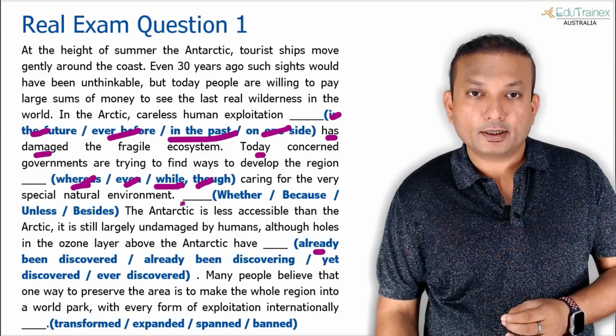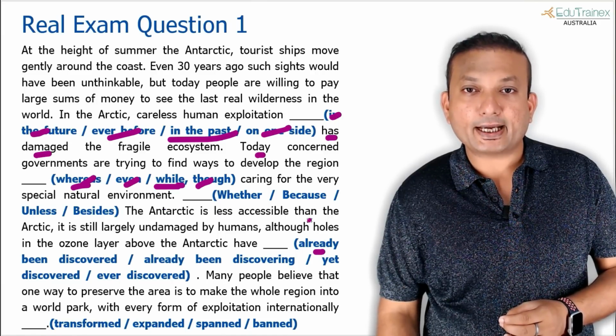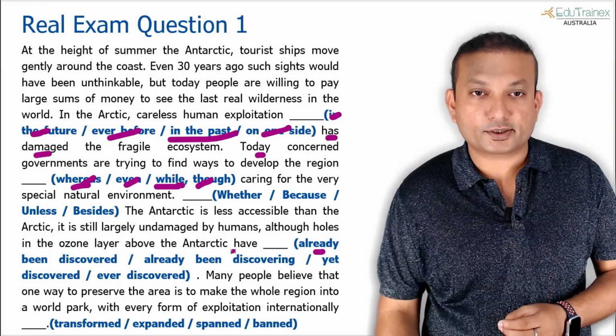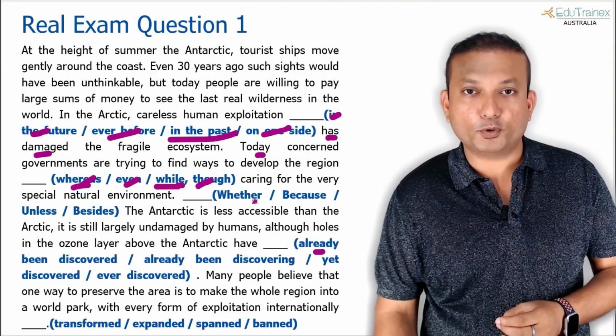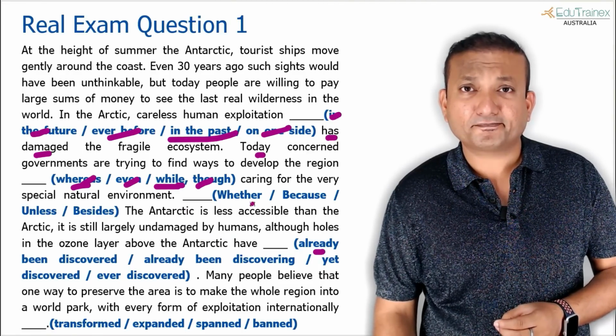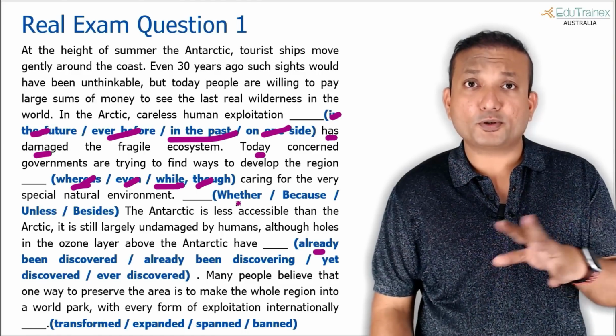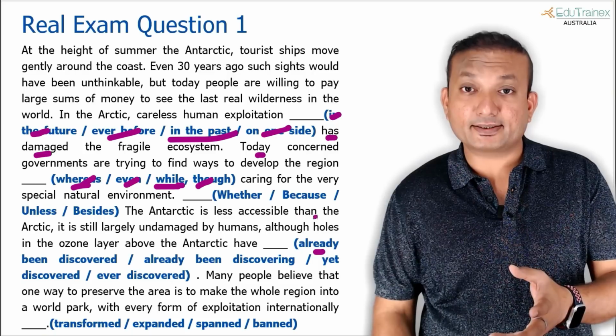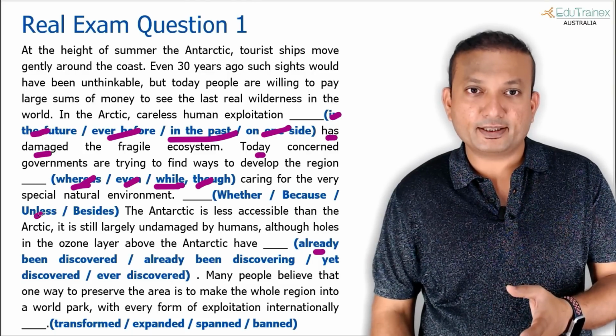Next one. Dash, the Antarctic is less accessible than the Arctic. It is still largely undamaged by humans. So what do you want to use here? Whether this happens or not, whether or. Unless the Antarctic is less accessible, not fitting the sense.